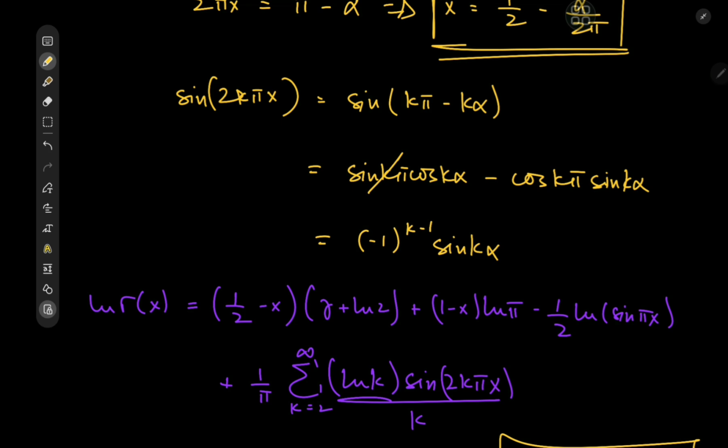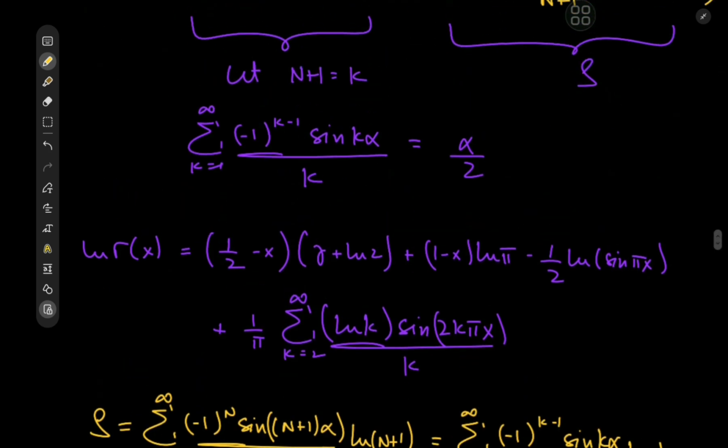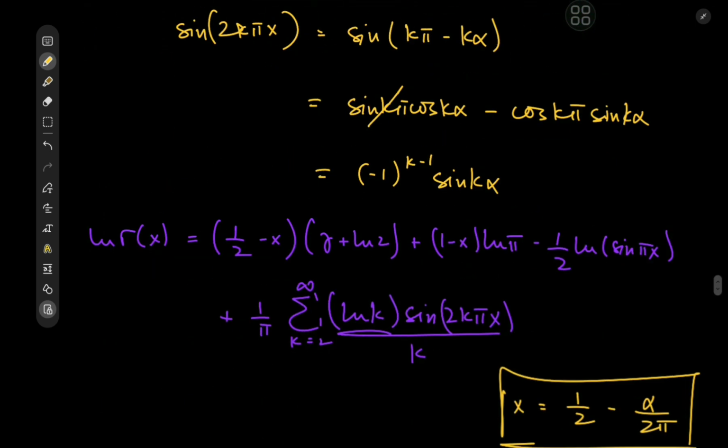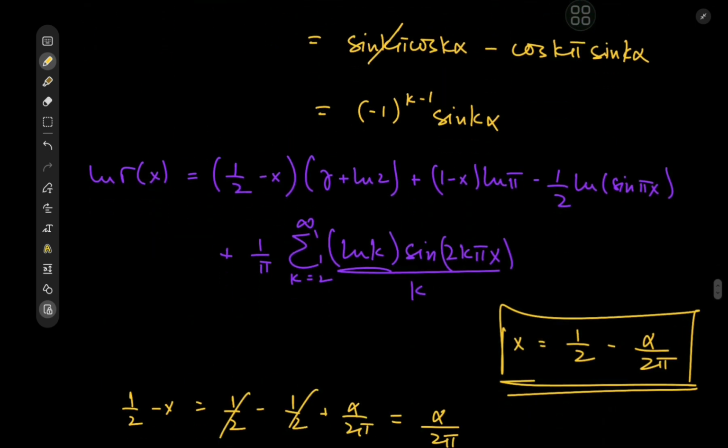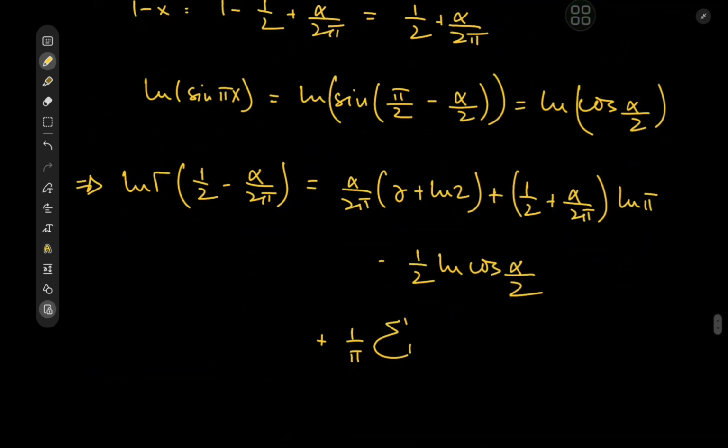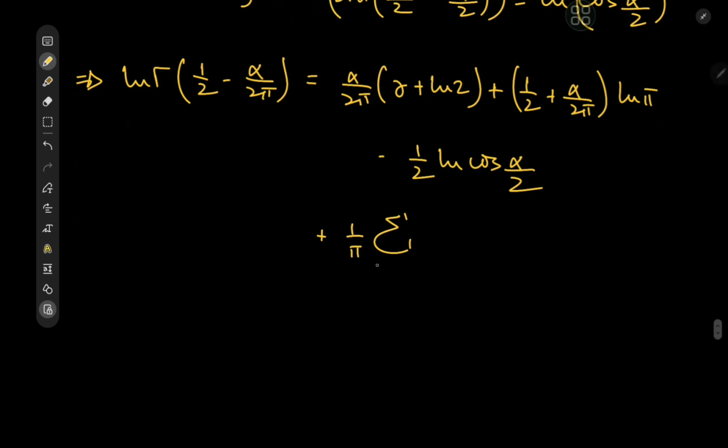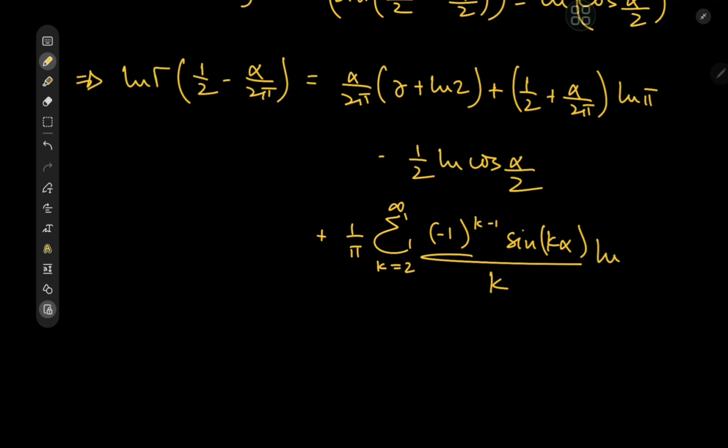And then we have the log term that wasn't even copied. Oh, wait, the log term is up there. Sorry. This is a lot of work. So we got the sum over k from 2 to infinity, negative 1 to the k minus 1 times sine of k times alpha divided by k times the logarithm of k.